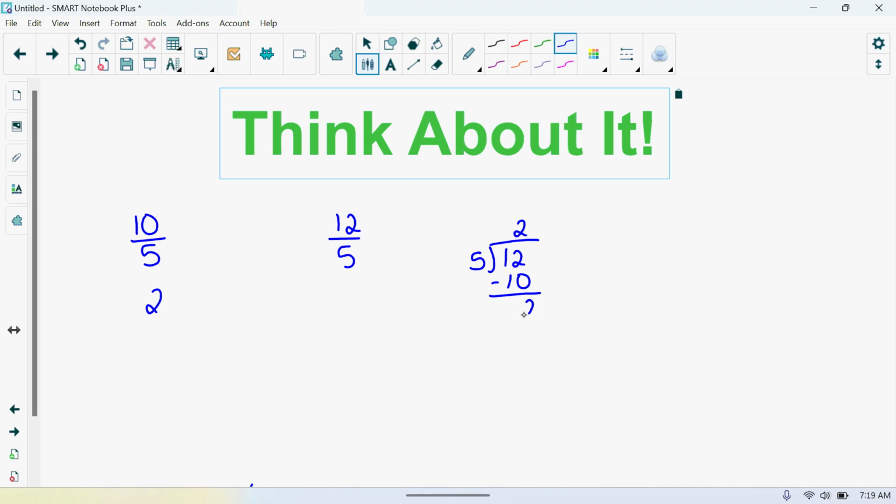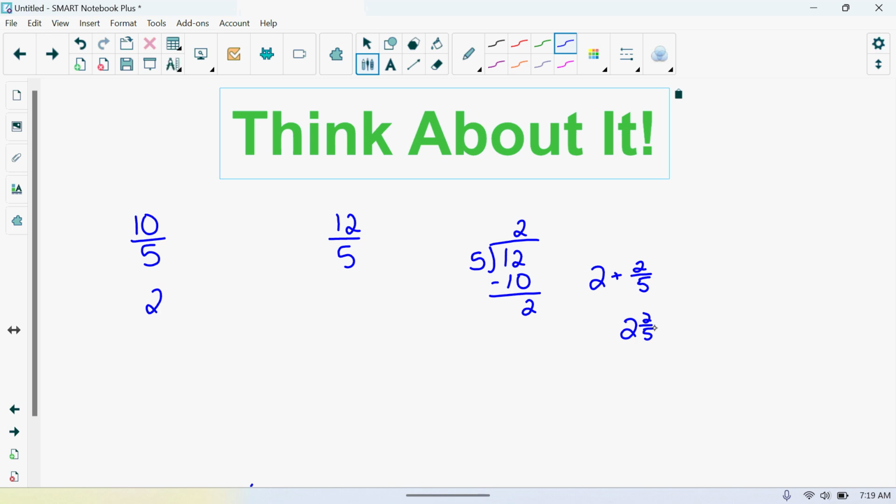I would subtract and I would get my remainder of 2. So I would write this in terms of a division problem as my quotient is 2, plus I have 2/5 left over because 2 is my remainder and 5 was my divisor. Also as a mixed number, I could write this back in middle school as 2 and 2/5.